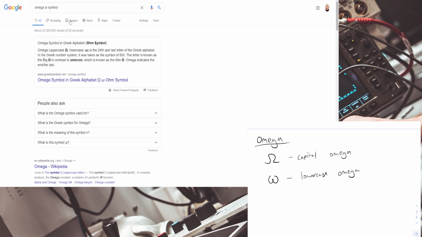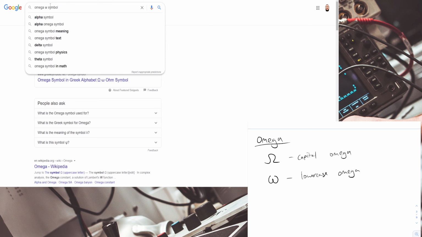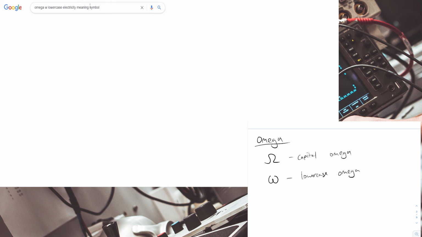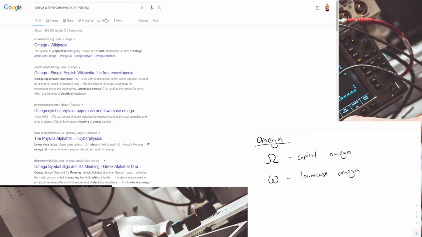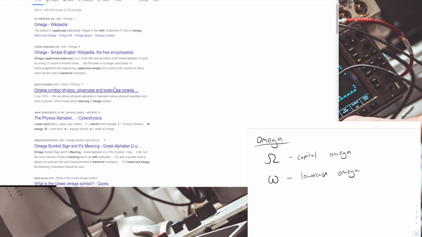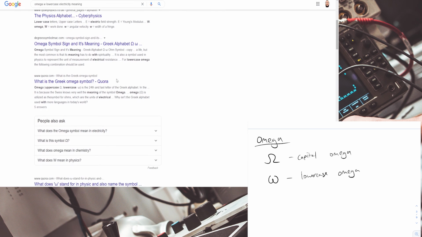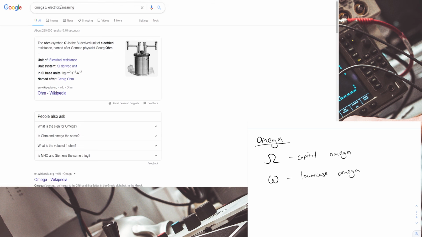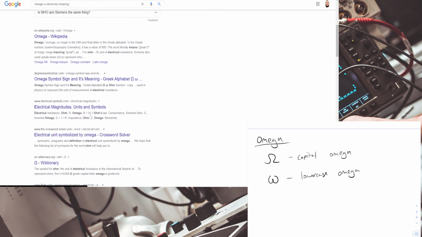Okay, so what does it mean in terms of electricity? Omega W lowercase electricity meaning. Omega symbol physics application lowercase. Electricity meaning. So I get that's the ohm, but what's this other one?